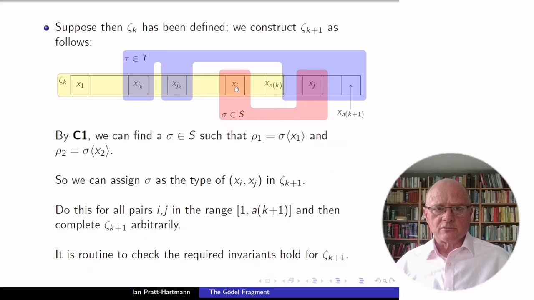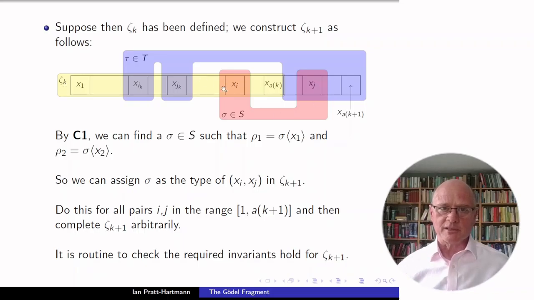I don't think we really need to assume anything here, that this is something which hasn't been defined yet. So we'll have a variable here, xi, which is a variable in the type zeta k, and a new variable.